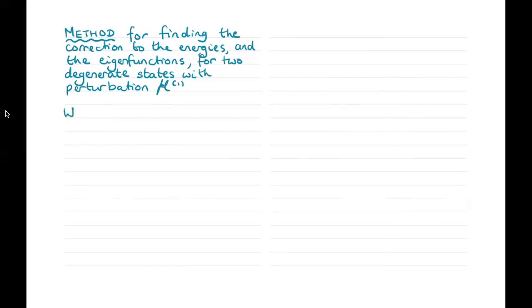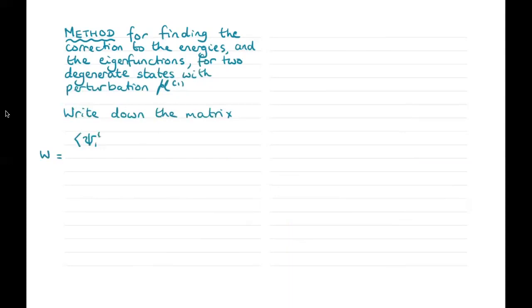So we're going to write down the matrix, which is often called W, and it looks like this.